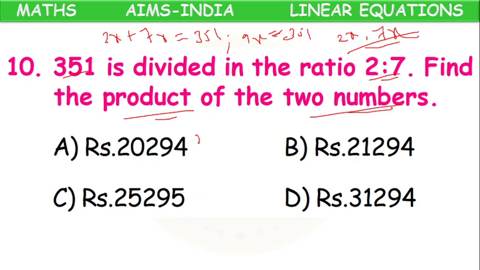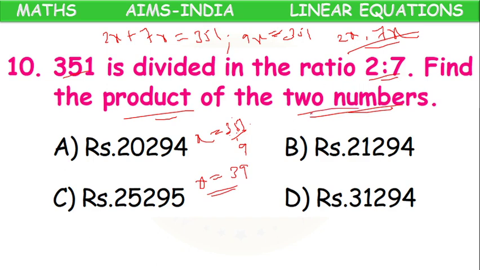So then what about x? X equals 351 by 9. 9 3s are 27. 8 will be remaining, 81. 9 times 81. So x value is 39.